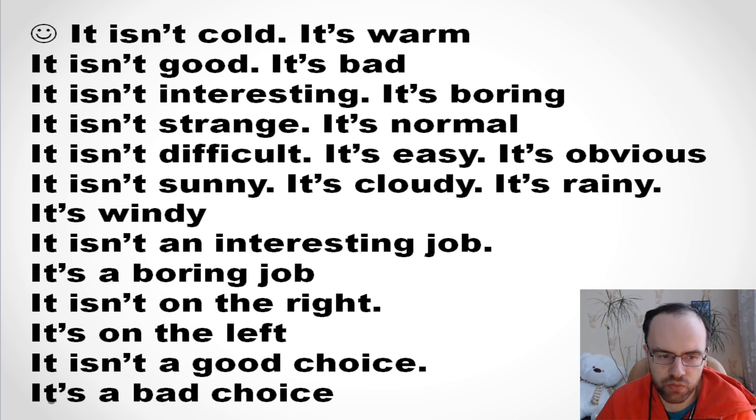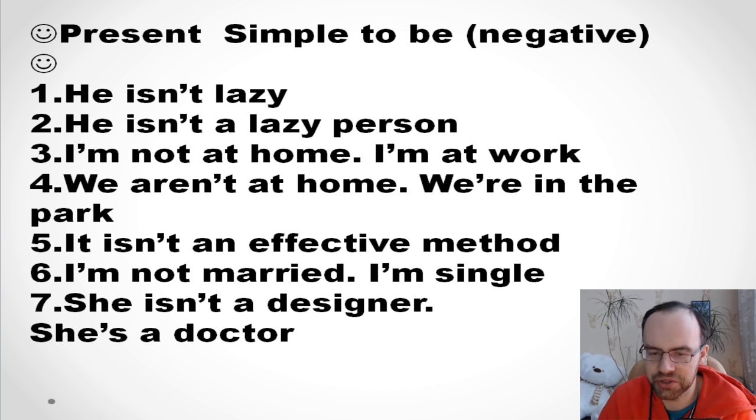So, and we have more examples. Yeah, so it's a very good practice. You can listen and repeat. So, present simple to be negative. He isn't lazy. He isn't a lazy person. I'm not at home. I'm at work. We aren't at home. We're in the park.